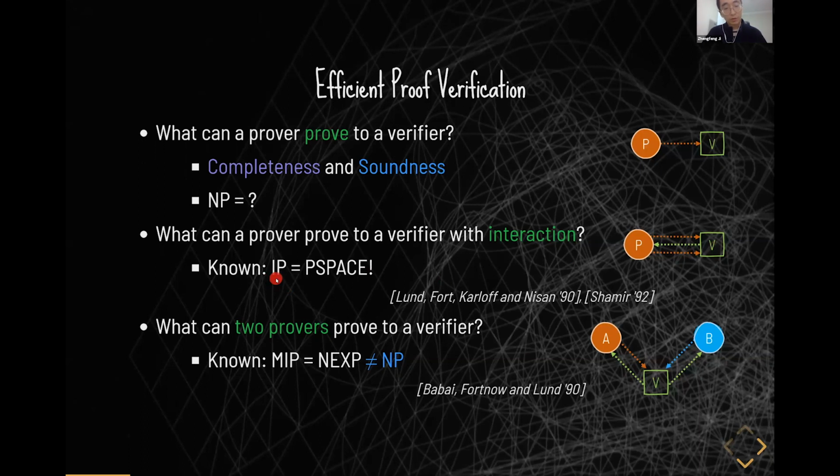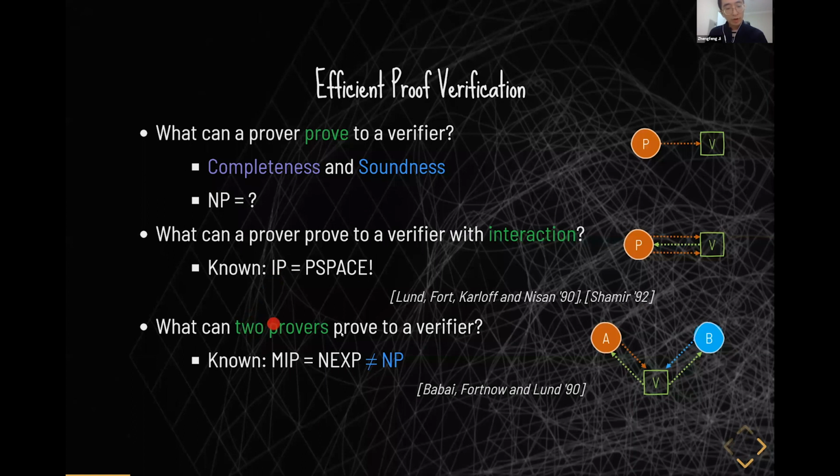We do know that the set of languages that have interactive proofs is equal to PSPACE, a major breakthrough in the 90s in classical complexity theory. It's surprising because PSPACE, the set of problems you can solve with polynomial space, is a very differently motivated model from interactive proofs.